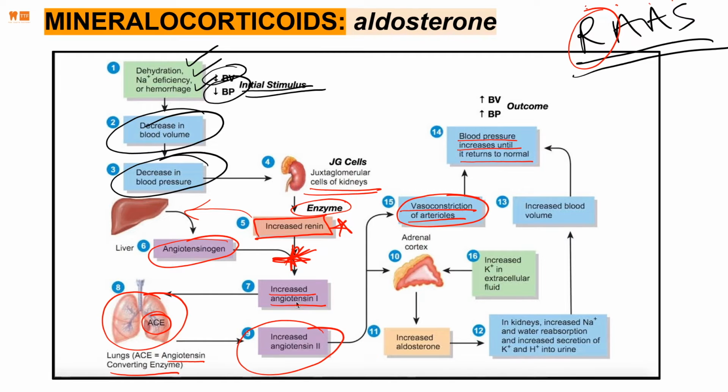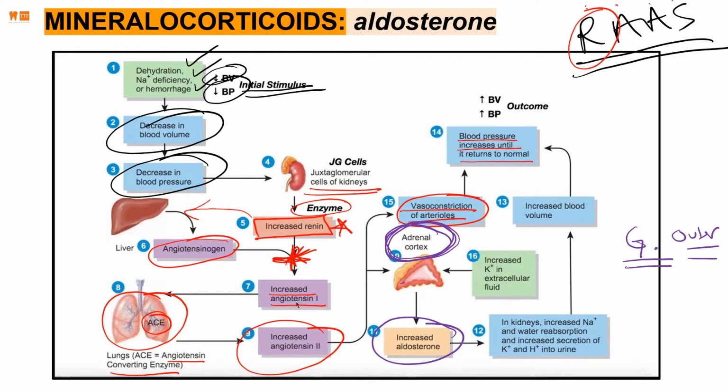But here's the little side twist. It also goes to the adrenal cortex. Adrenal cortex, the red thing right here. That red area has one little place called glomerulosa, the outer layer.